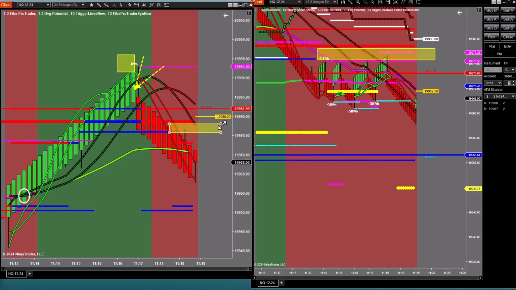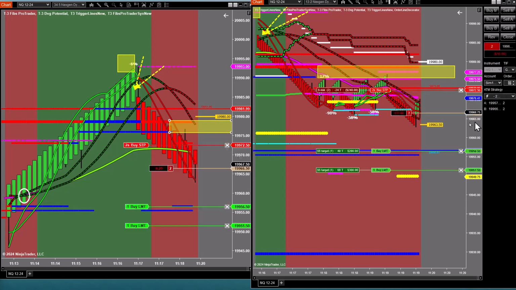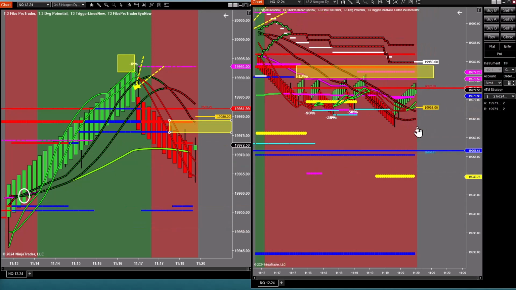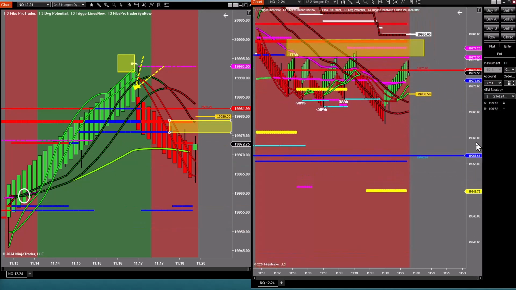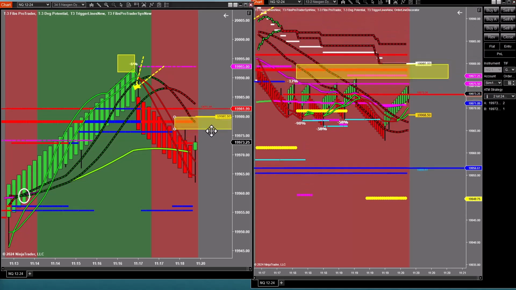Now we've got a much more reasonable thought that we're going to continue to the downside. Do you guys see what I'm saying? This is a much more reasonable look saying, hey, we're probably going to go to the downside. Not yet. Maybe a little bit higher. Anyway, there's nothing on God's green earth that says long trades now. It's short trades or nothing.